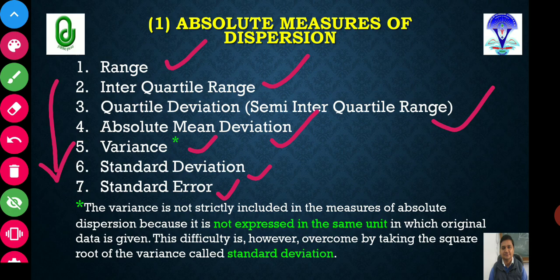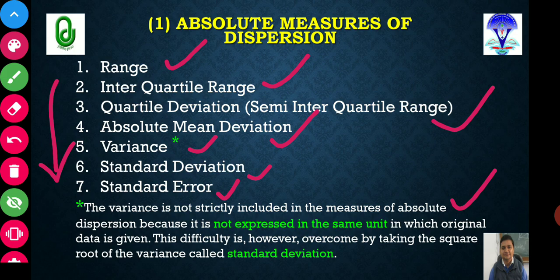So for variance, I have purposefully put an asterisk mark. What does it indicate? The variance is not strictly included in the measures of absolute dispersion. Why?